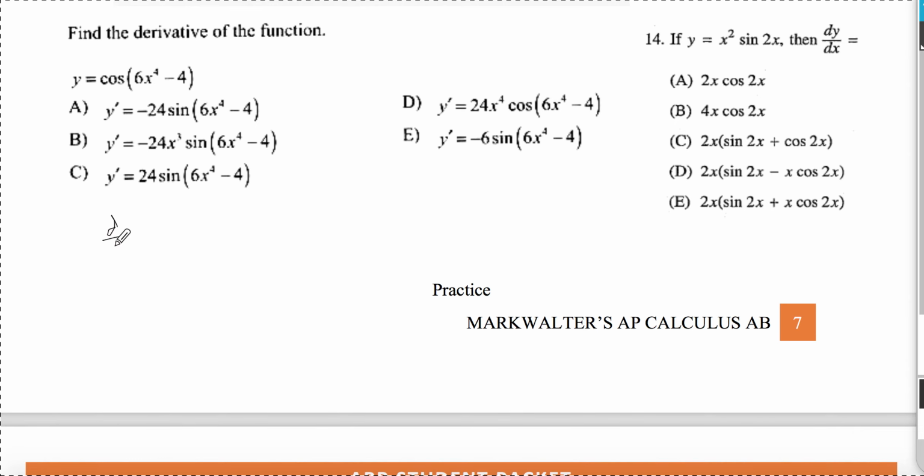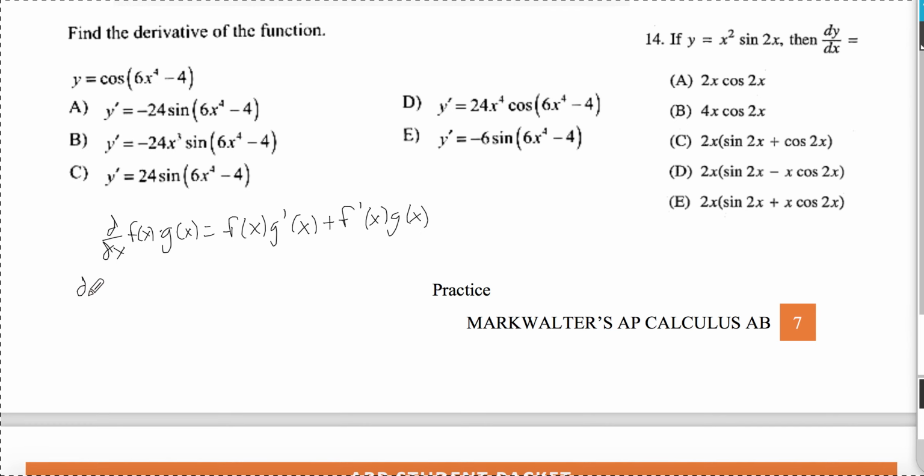If I'm trying to take the derivative of f of x times g of x, this is f of x g prime of x plus f prime of x g of x, or the commutation of those. You can switch the order there.